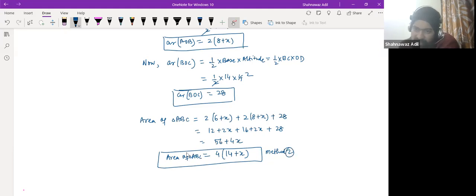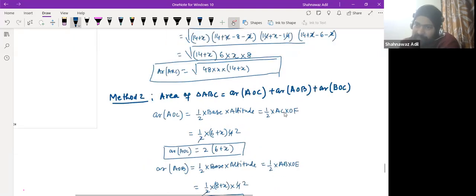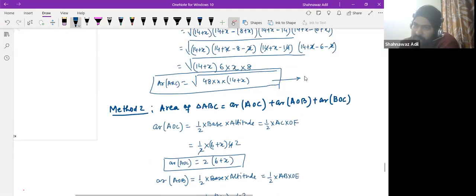So we know that from both the methods we have calculated the area. Right. So let us compare these. So let's say this is second, this is 1. Right. So this should be equal to the other.